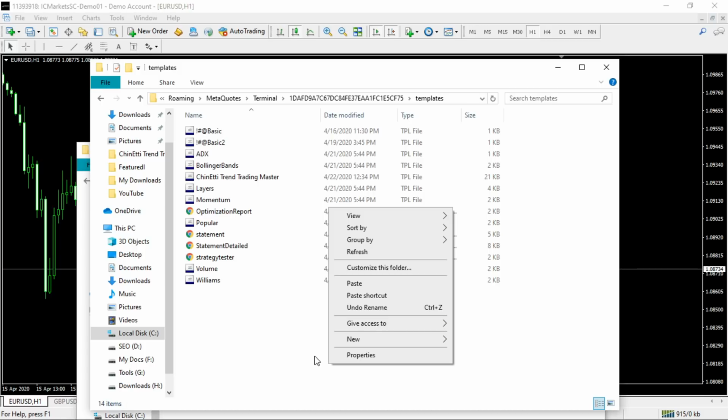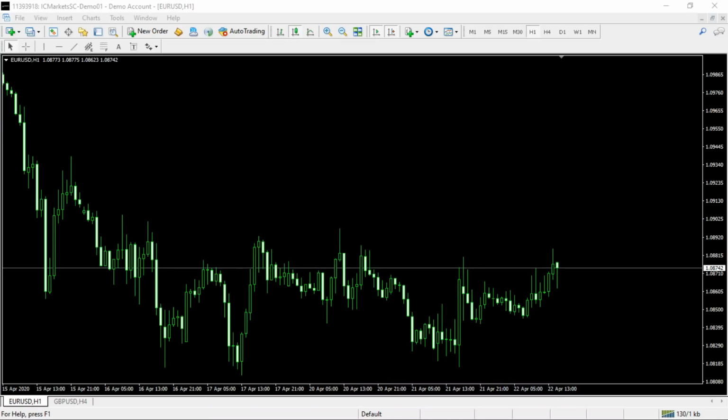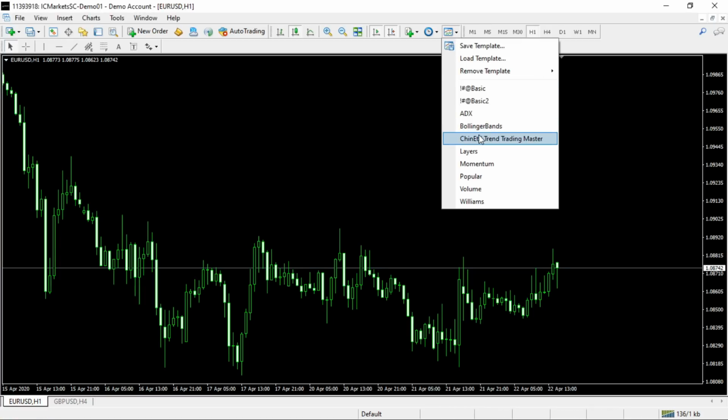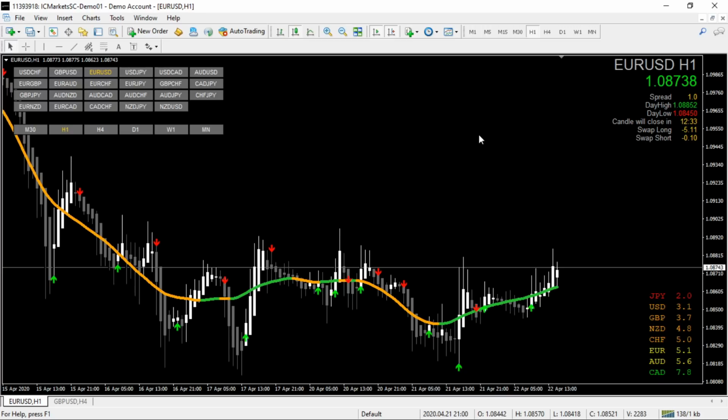Once you are done, you need to close and restart the MT4 platform. Once you restart your MT4, go ahead and open the ChinEtti Trend Trading Master template. Then your chart will look like this.